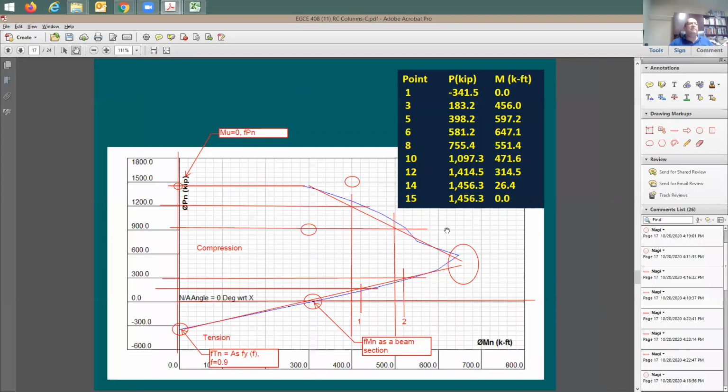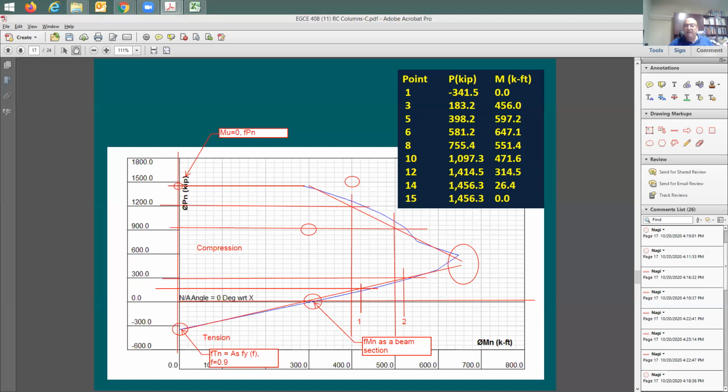Now I'd like to combine this axial load and this moment on the same concrete section. And I decided to call it a column, because most likely all columns in all buildings are exposed to some axial load and some moment at the same time. There is no column with pure axial load like the way we covered it here.